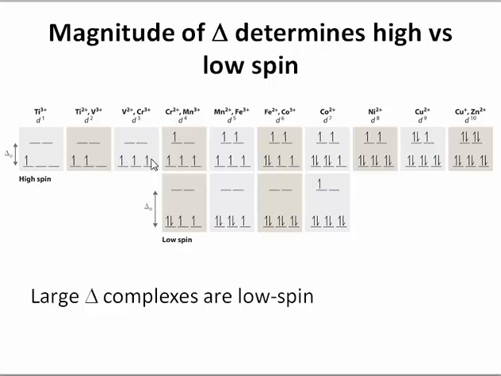Same occurs for cations with 3 d electrons. Chromium-3, for example, has 3 d electrons. Here's an orbital diagram for the chromium-3 complex ion. Remember that this orbital splitting pattern is characteristic of complex ions.